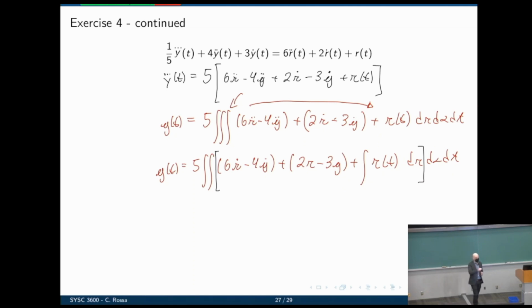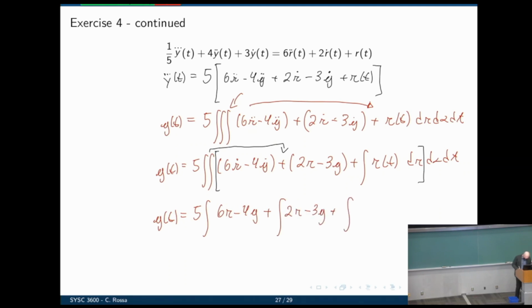Well, now we can take another integral and move that over as well. We have to stop at the middle there this time, because past the first term, all derivatives are gone. So we can slide this integral here, and in doing so, we'll have 5 integral of 6r minus 4y plus integral of 2r minus 3y plus integral of r of t dr d alpha dt.